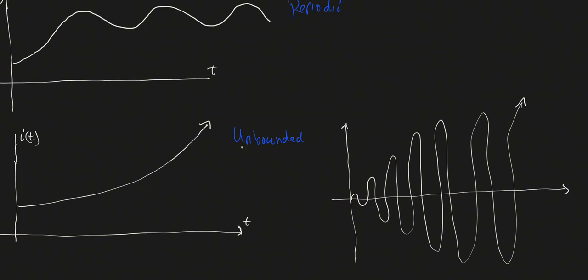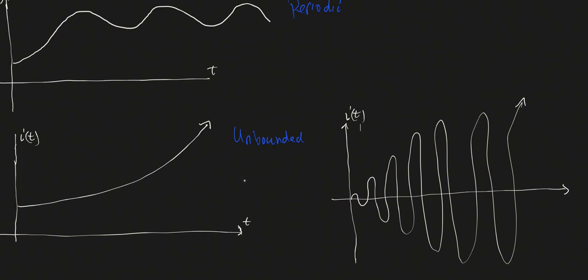So it's still unbounded, but not in the way where it's exponential, right? So lots of really interesting things can happen from these simple circuits, and there's a lot of electrical engineering theory that can help you predict the different types of responses you can observe.